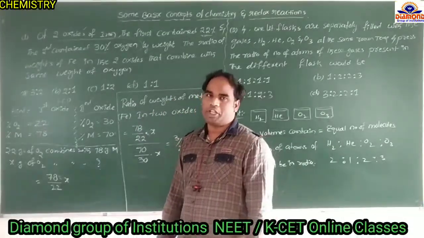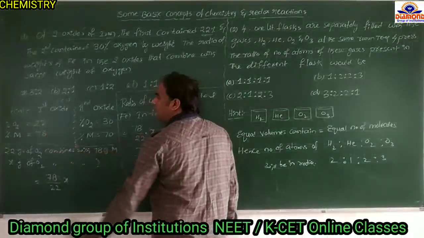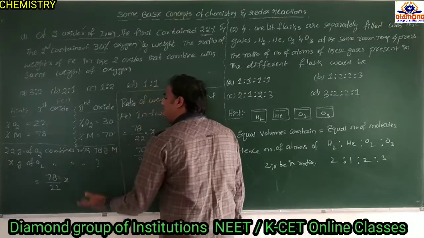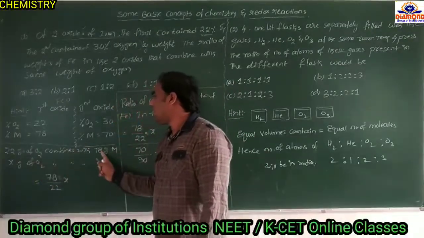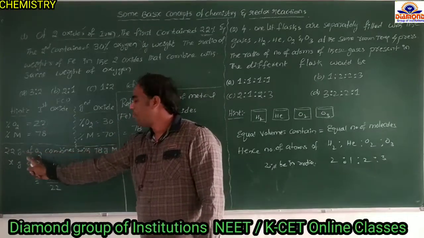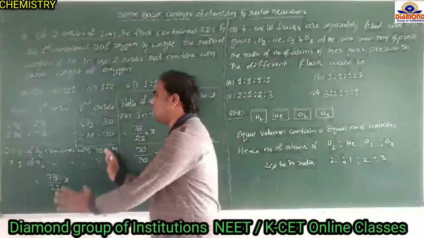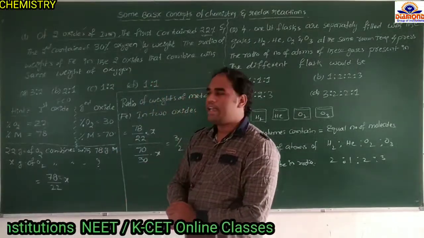That is the question here. We find it as X into 78 by 22. That is the concept for the first iron oxide.